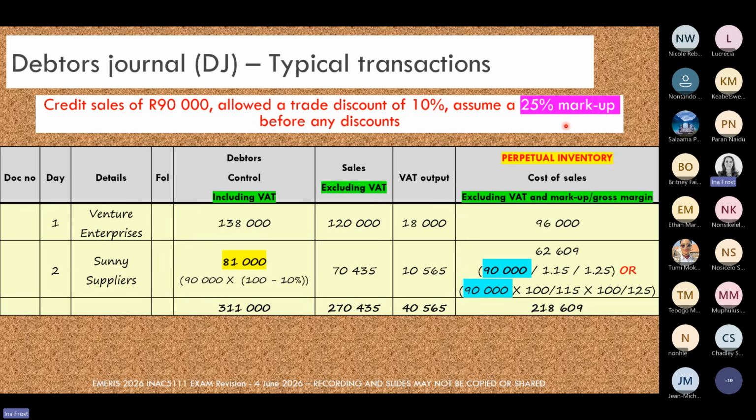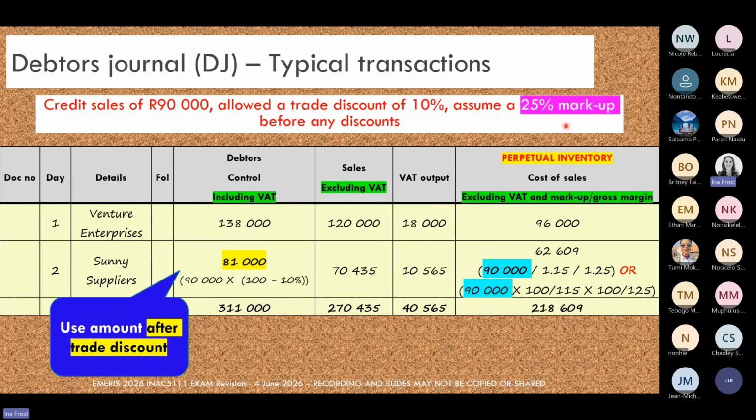Remember a little bit earlier, we were talking about trade discounts versus settlement discounts. And we said when we have a trade discount, we always use the amount net of the discount. So you can see here, when I recorded it, I did not record the 90,000.